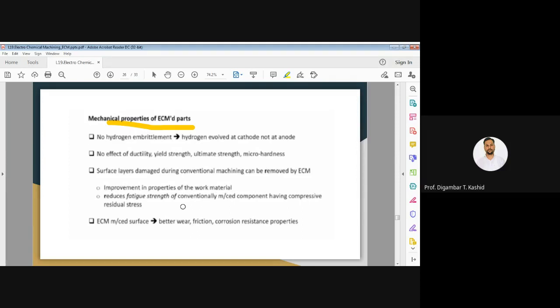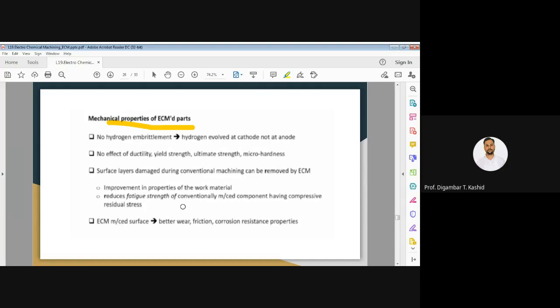The anode is used as the workpiece. Since hydrogen gas is not generated at the anode, there is no chance of hydrogen embrittlement in the workpiece. So the effects on ductility, yield strength, tensile strength, ultimate tensile strength and microhardness do not change in the electrochemical machining process.